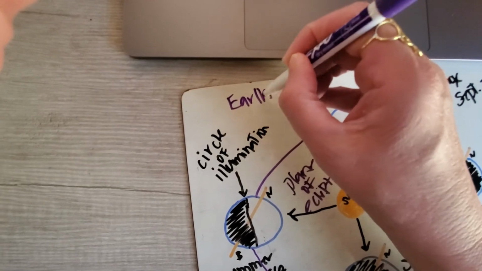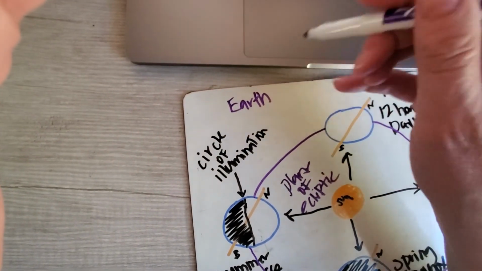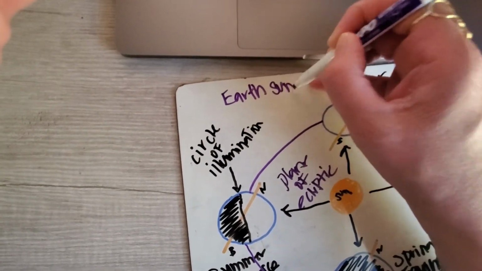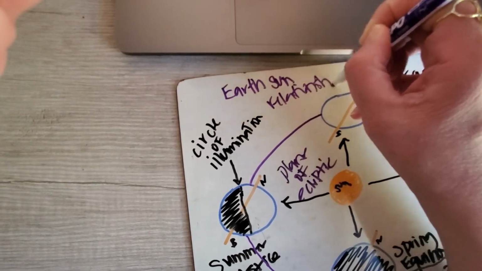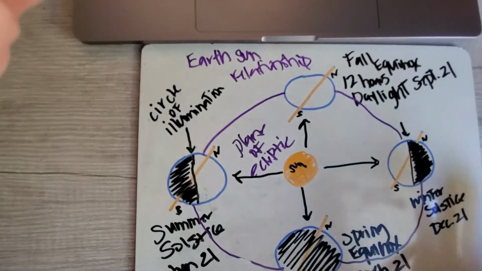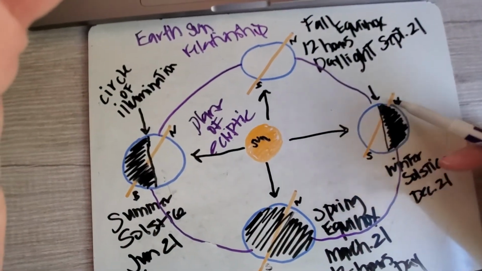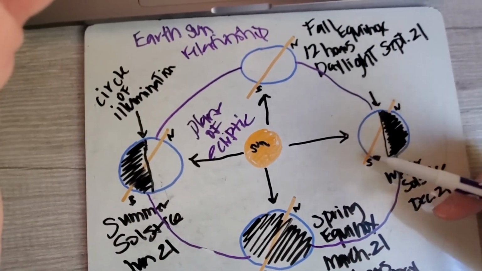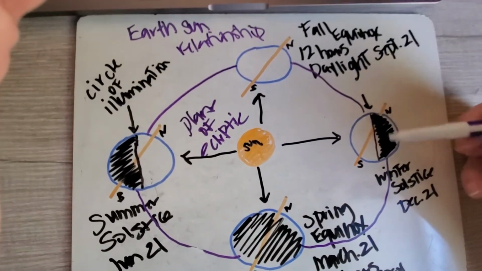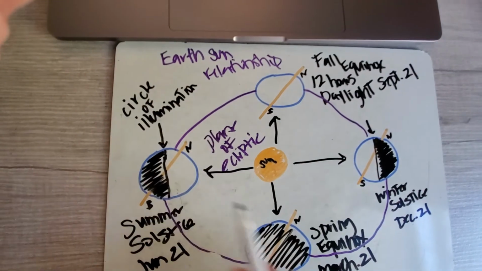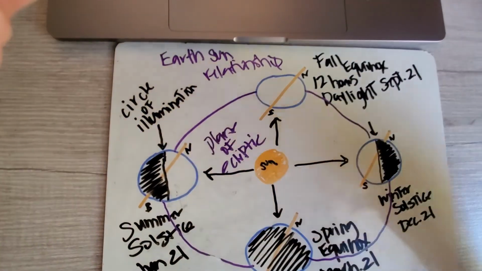So this is why we have seasons. Because the Earth is tilted, right? You've got to make sure you put in the Earth, indicating a line indicating the tilt. Because if it were straight up and down, well, we wouldn't have seasons so pronounced.